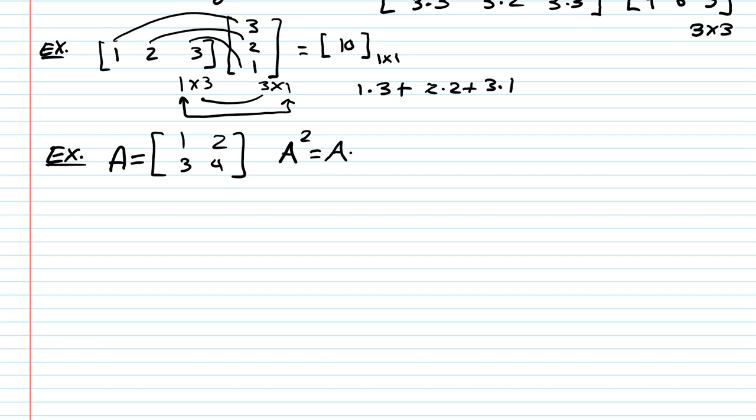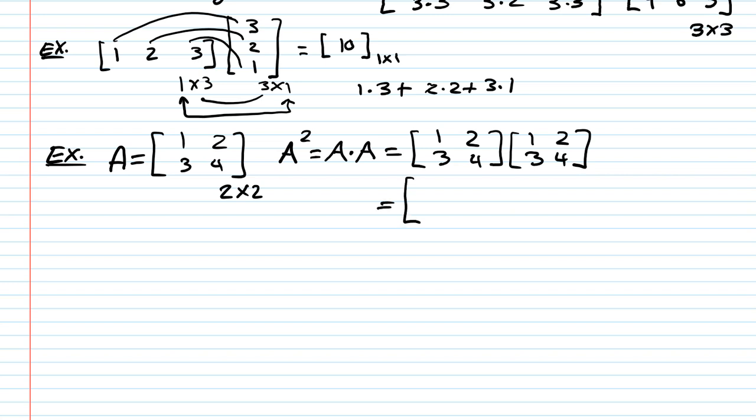Well, A squared is A times A, right? As long as that's a square, I'm going to be okay. So I'm going to be multiplying the matrix by another version of itself. 1, 2, 3, 4 times 1, 2, 3, 4. And the product's going to be a 2 by 2, right?